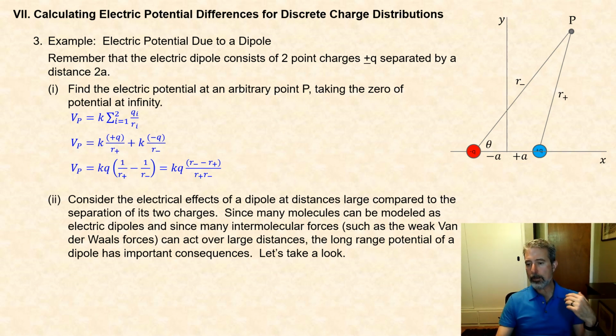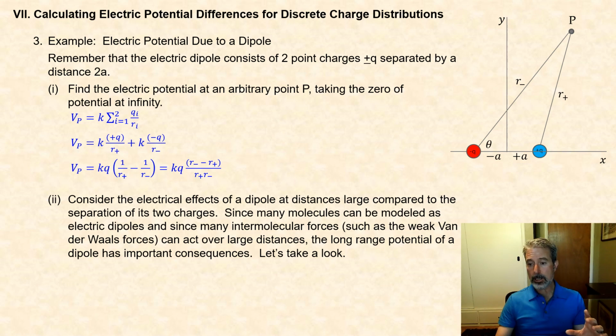The charges will not be symmetrically or evenly distributed throughout the molecule, in which case one side will be more negative than the other side. So this is important in many fields involving chemistry, pharmacology, the synthesis of drugs, et cetera, et cetera.